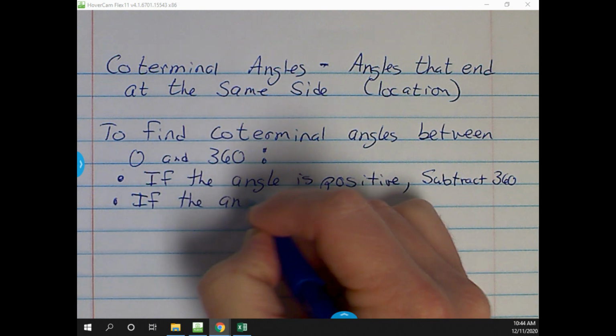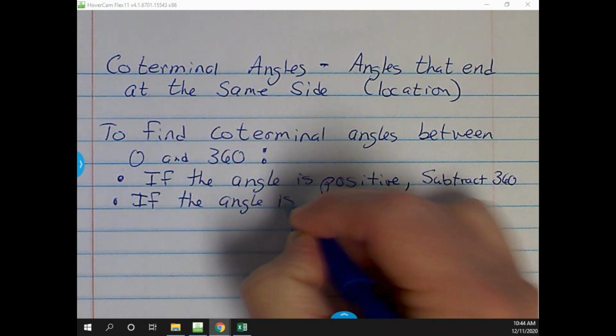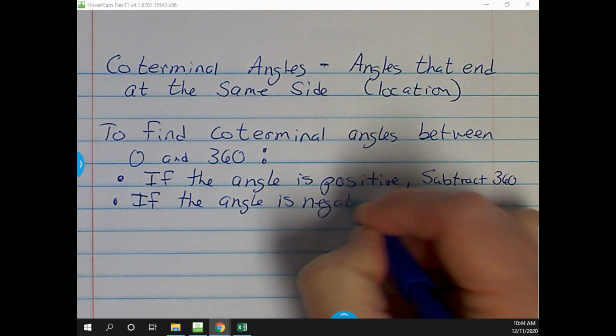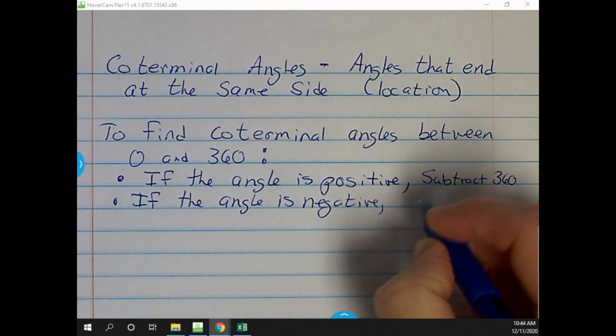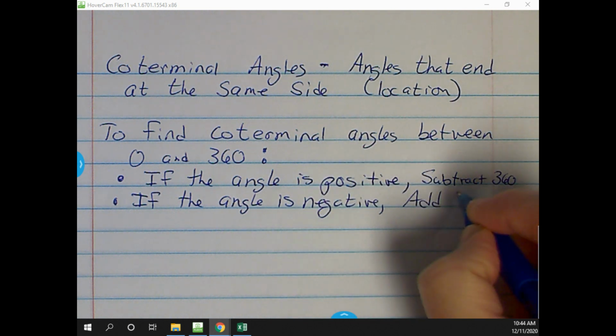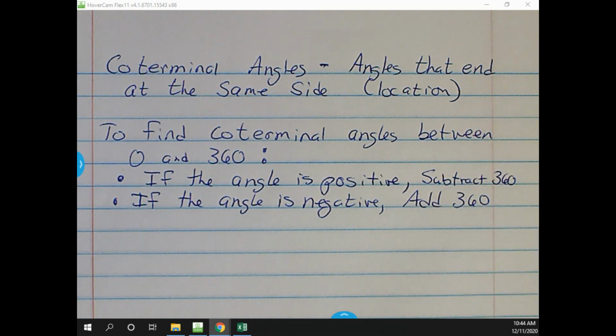And if the angle is negative, then you add 360. Okay. And again, because it's a circle, eventually you're going to make a circle all the way around in one direction or the other. You're always going to do something with 360. So if the number is positive, you subtract 360 from it. If the angle is negative, then you're going to add 360 to it.